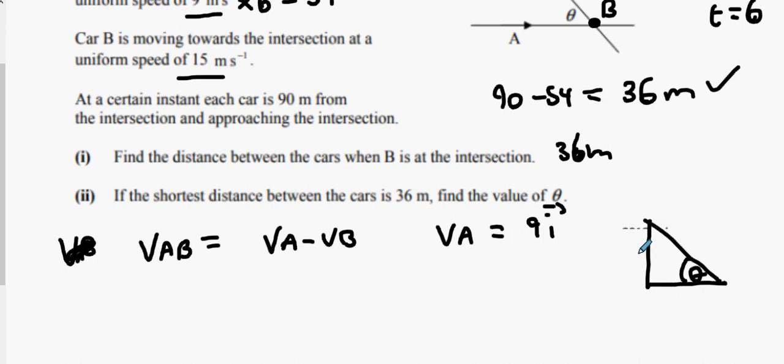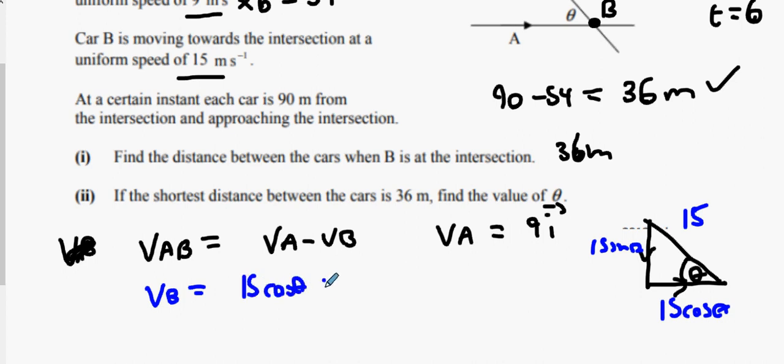But it's going downwards and to the right at 15. So this is 15 cos theta and 15 sine theta. So the velocity of B must be 15 cos theta I, minus 15 sine theta J. We good so far?